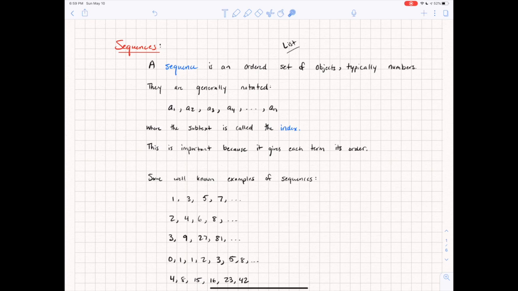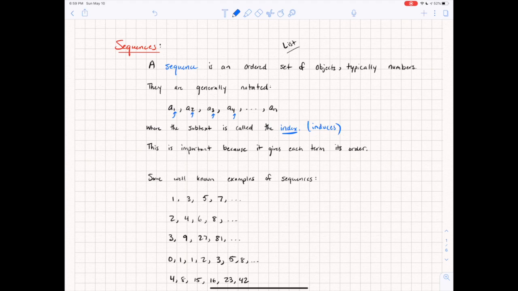Generally, these are notated, as you'll see, as A1, then A2, A3, A4, and this can go all the way out to AN. Essentially, the biggest thing to highlight here, and this very specific word that I want to focus on, is this word called index. Index, plural indices, is the numbering system in the sequence.